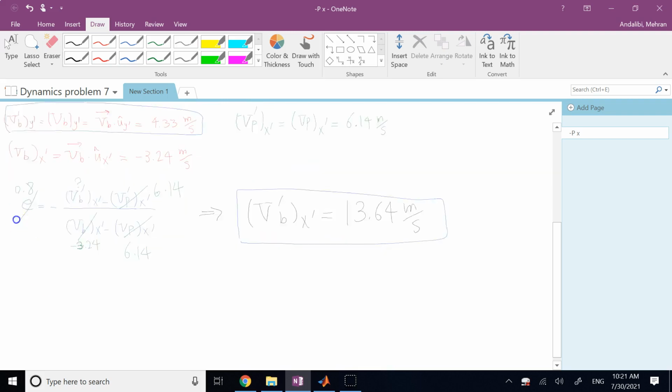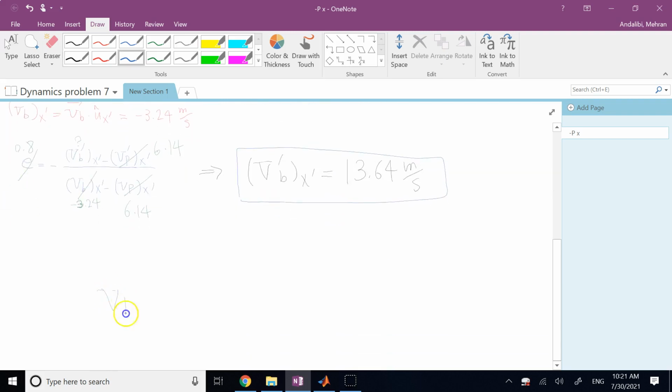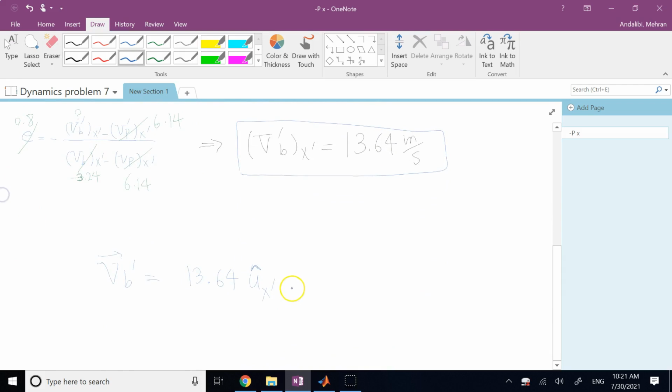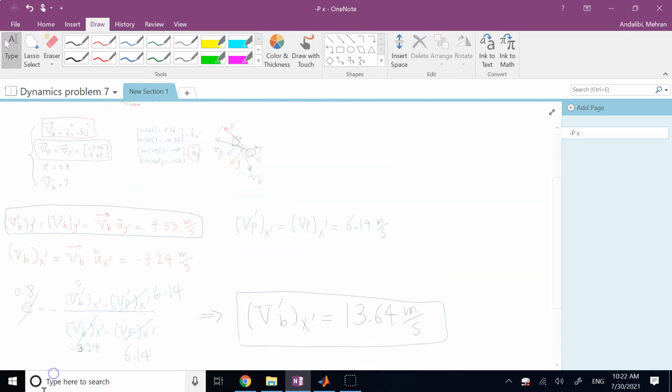So if I want to write velocity of the ball after impact, it is going to be 13.64 times ux prime, and then plus 4.33 in the uy prime. And if you want, you can replace ux prime and uy prime from whatever they were.